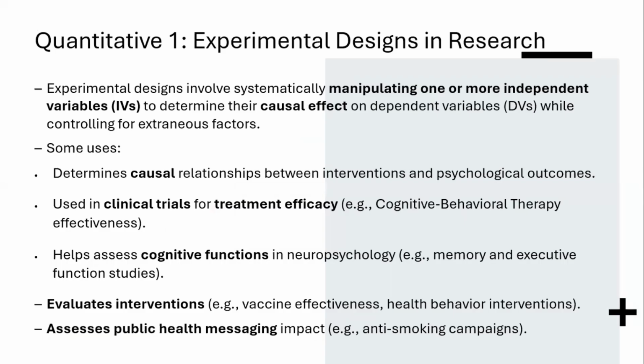Whenever somebody is conducting research and the person intends to manipulate a certain variable to achieve a change in another variable, then the person is trying to use an experiment.